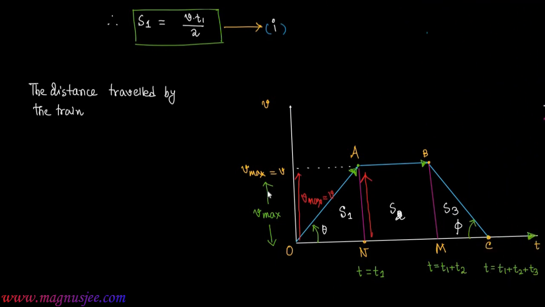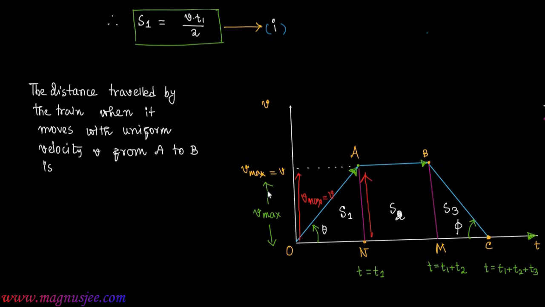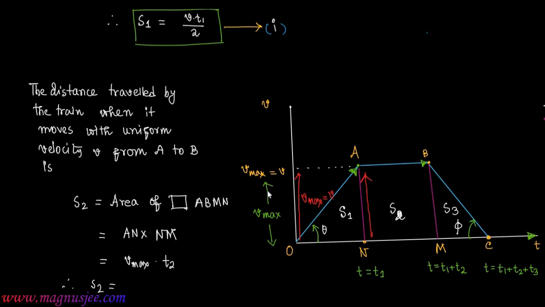Similarly, distance traveled by the train from the point A to B when it moves with uniform velocity Vmax equal V in time interval t2 second is given by S2 equal to the area of rectangle ABMN, which is equal to product of two sides, that is AN into NM equal Vmax into t2. Therefore, S2 is equal to V into t2.